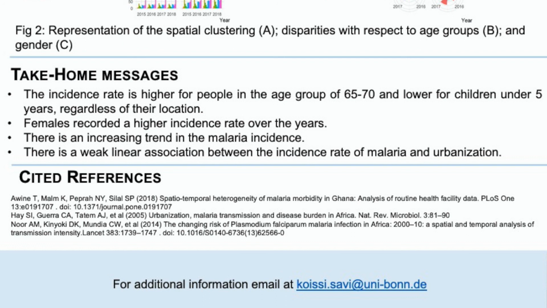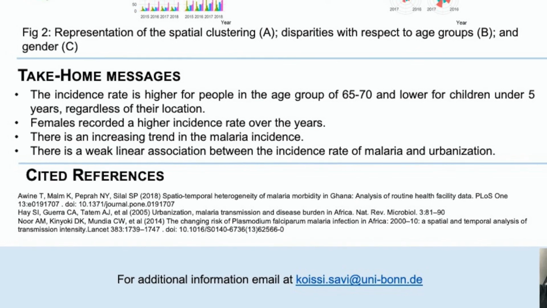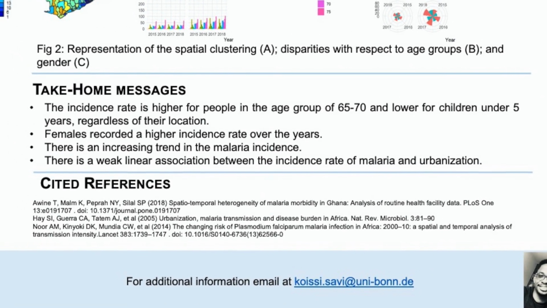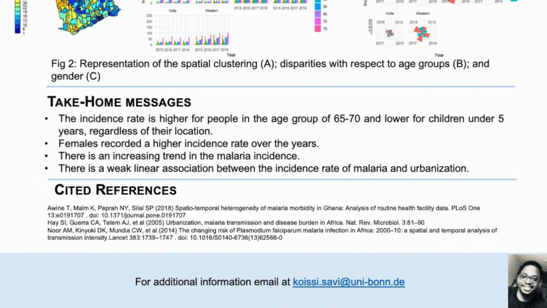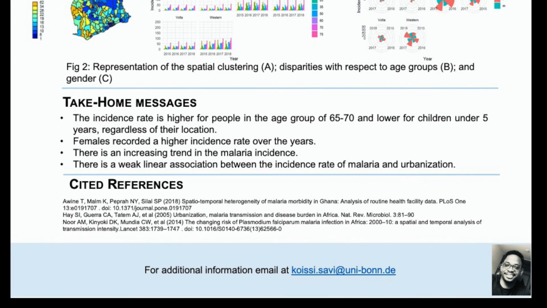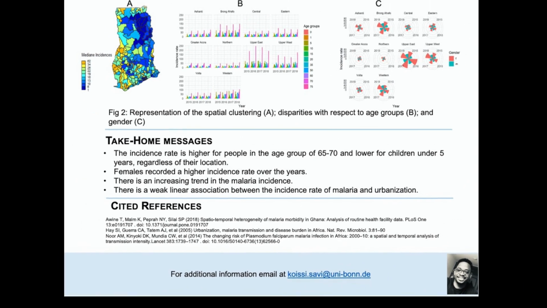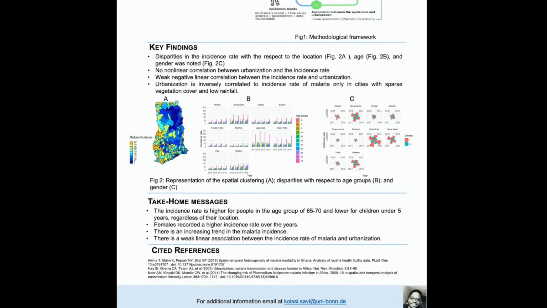Third, malaria trend is increasing over the years, leading us to suspect a rapid adaptation of the mosquito vector, which is getting more efficient in transmitting the disease. Finally, only sparse vegetation and lower rainfall permit a negative linear association between malaria incidence and urbanization.